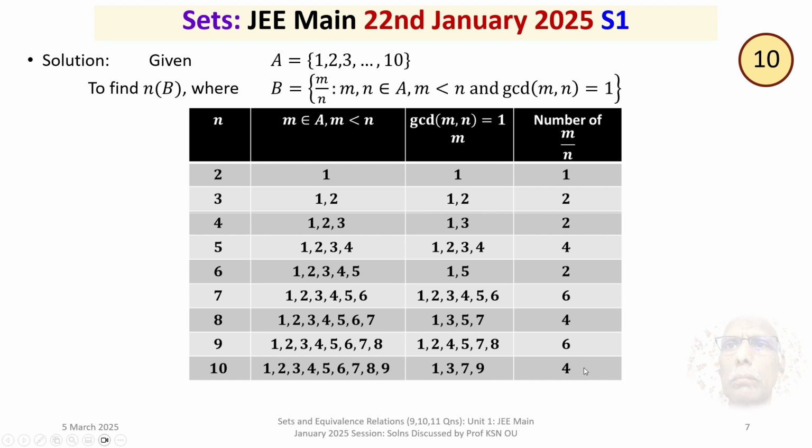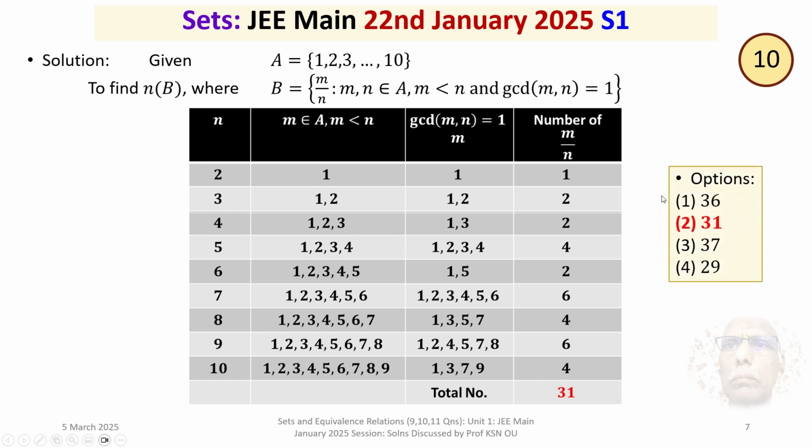How many? 4. So, thus, the number of m by n are given by the sum of these numbers. So, when you add all these, you get the total 31. So the number of elements in B is 31.